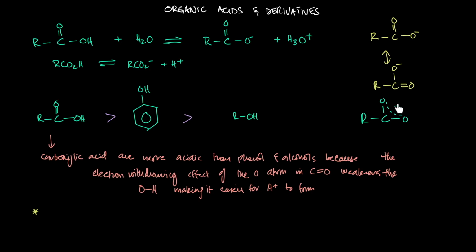If the charge density is much lower, it means that it doesn't combine with H plus very easily. So it remains dissociated. The backward reaction doesn't occur readily, so it isn't very favored relative to, let's say, phenols. In phenols, the resonance in the conjugate base, the phenoxide ion, isn't as prevalent as it is in the conjugate base of the carboxylic acid.